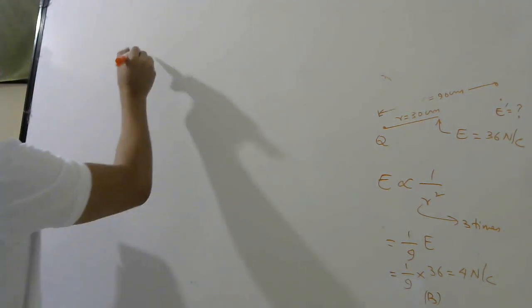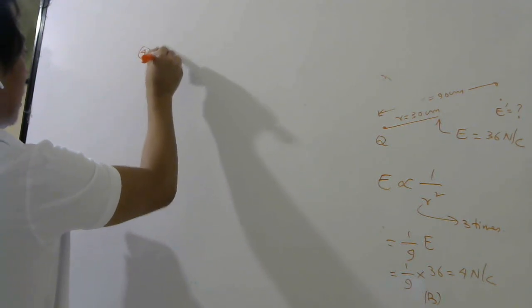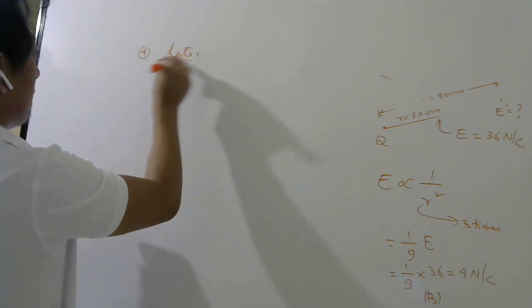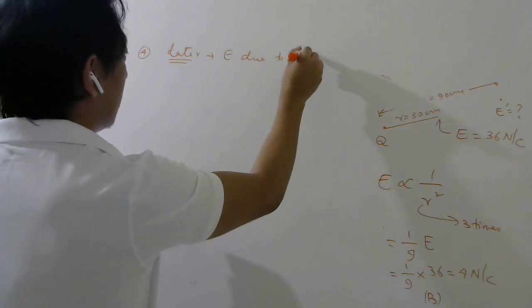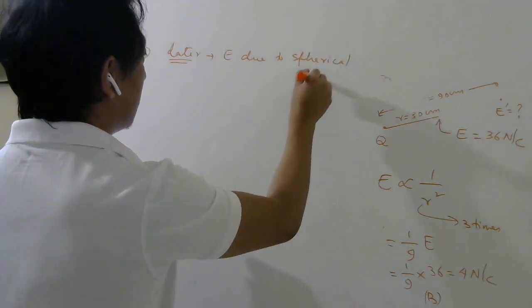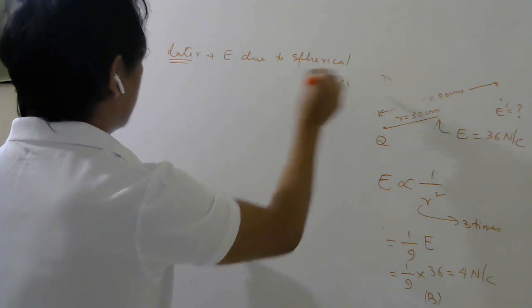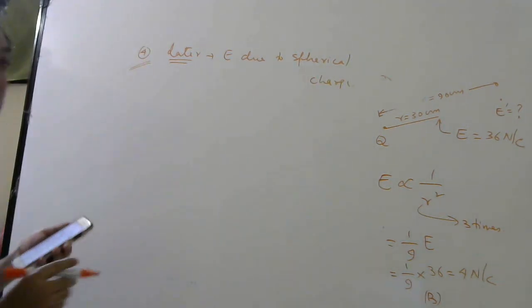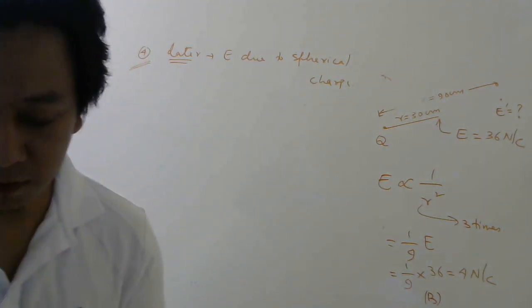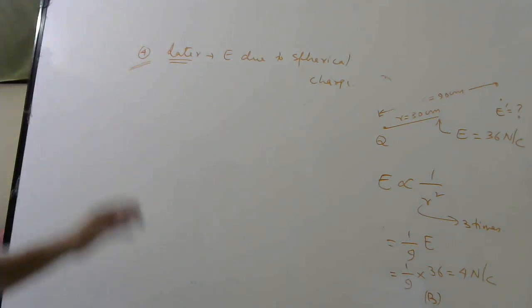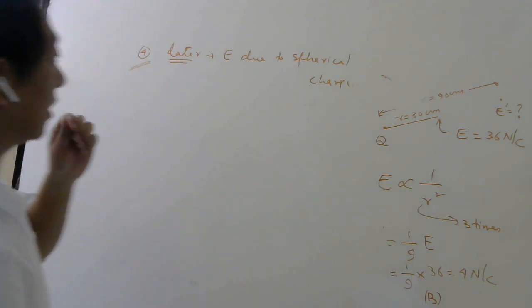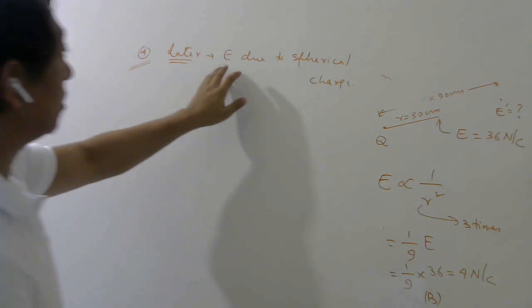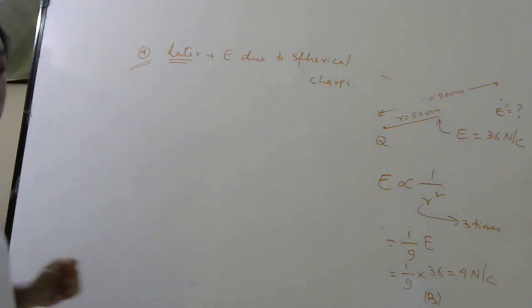So for question number 4, we will do it later once we find electric field due to spherical charge. So keep a reminder of this. Okay, I will be remembering. Don't worry. But right now we will not be doing this. We need to know what is electric field due to a spherical charge first. Once we know this, then we can solve question number 4.